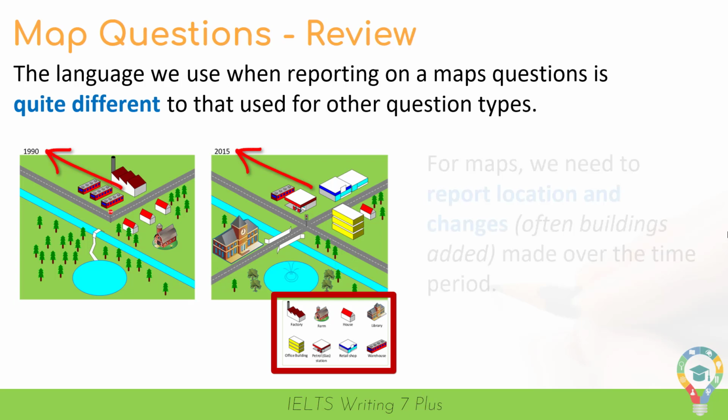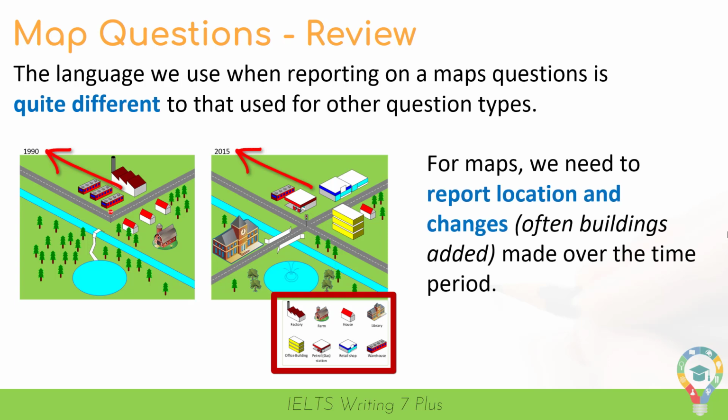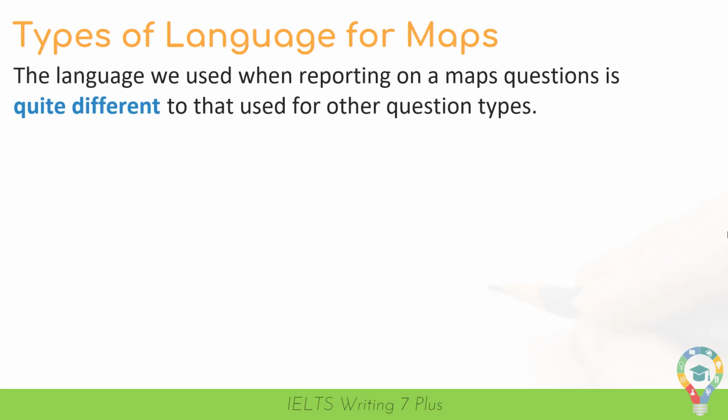At its heart, we need to report the location and changes, such as buildings being added, made over the two time periods. So instead of discussing figures and data, we're reporting all about the different kinds of changes we can see on the maps. And of course, that means the language is going to be very different.